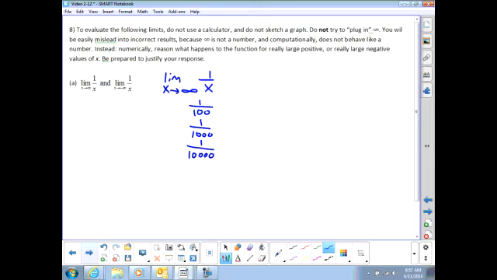As those numbers on the bottom keep getting larger and larger, our overall fraction is getting closer and closer to 0. That's becoming a really, really tiny fraction. And now as our limit, as x approaches negative infinity of 1 over x, we're getting really large negative numbers. So we'll have 1 over negative 100, 1 over negative 1,000, 1 over negative 10,000.